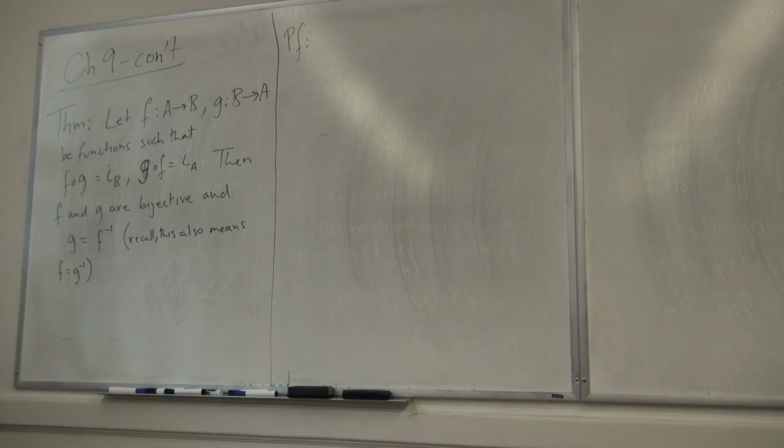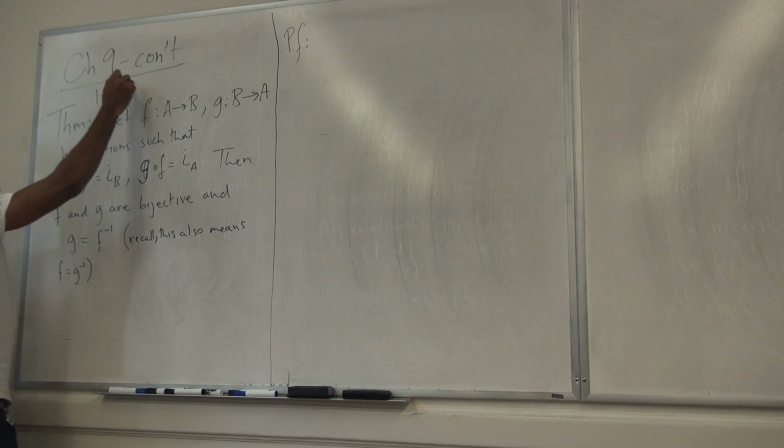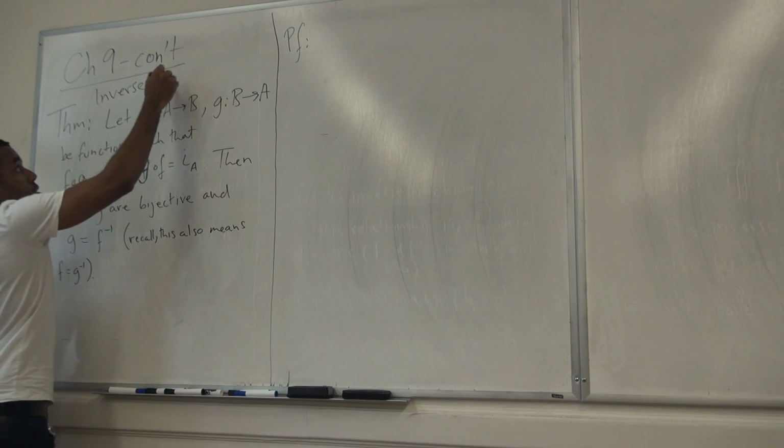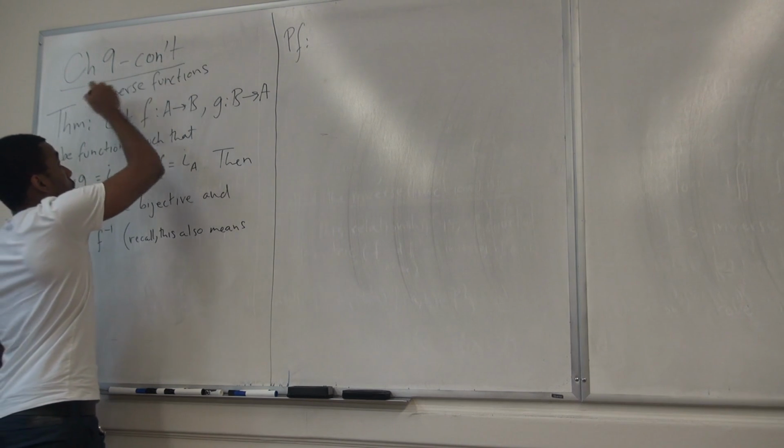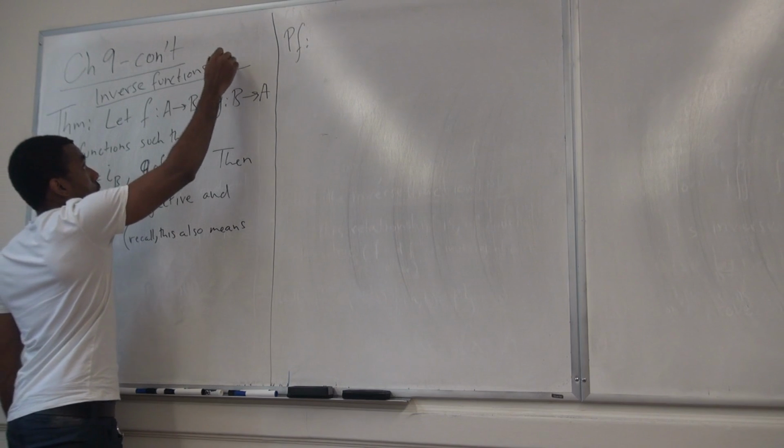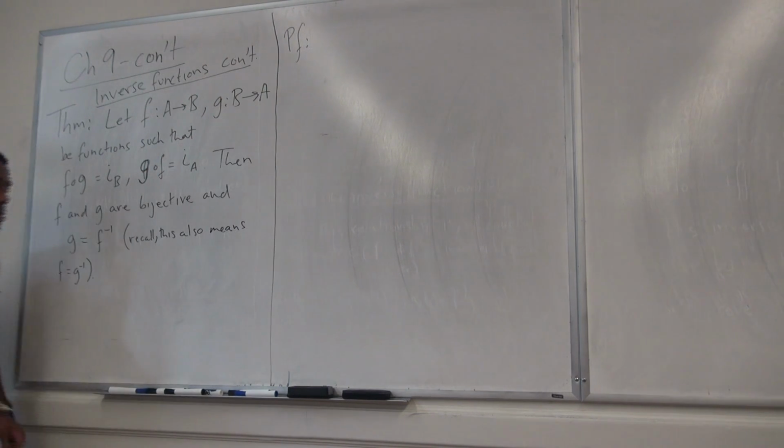So last time we left off, we spoke about what bijective functions are. Then we moved on to inverse functions. So really we're still talking about inverse functions here. So we want to talk about some properties that they have.